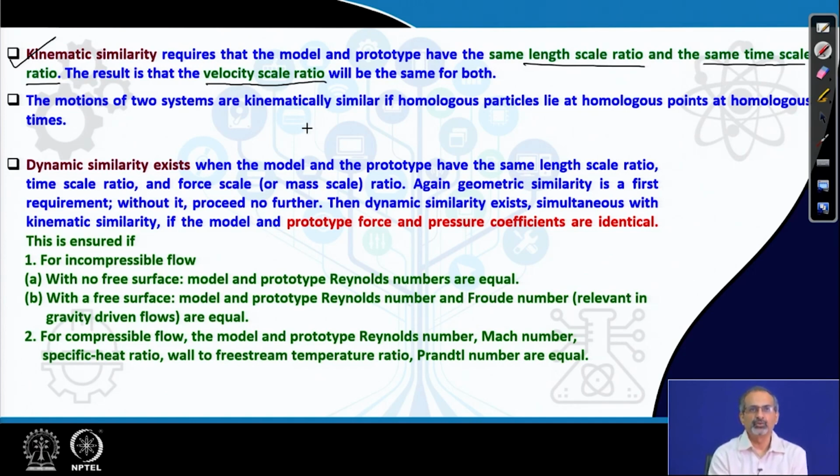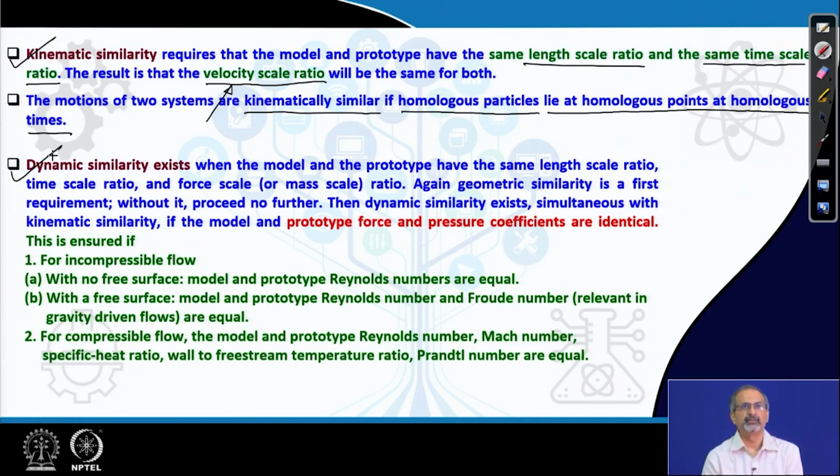So, the motions of the two systems are kinematically similar if the homologous particles lie at homologous points at homologous times. That is how we interpret kinematic similarity. Therefore, from length scale ratio we have elevated it to a velocity scale ratio by introducing the time scale ratio.